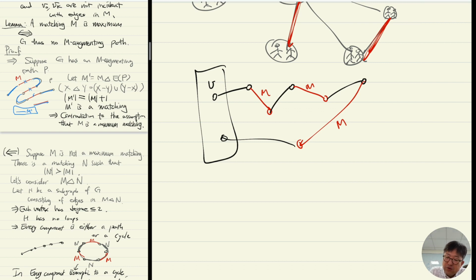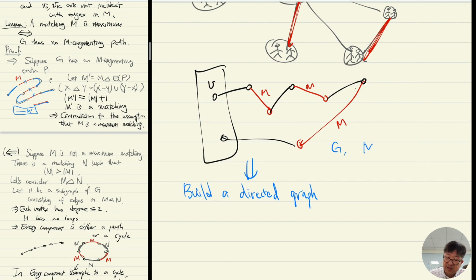And what we could do is build a directed graph. How do we build a directed graph out of a graph with M?